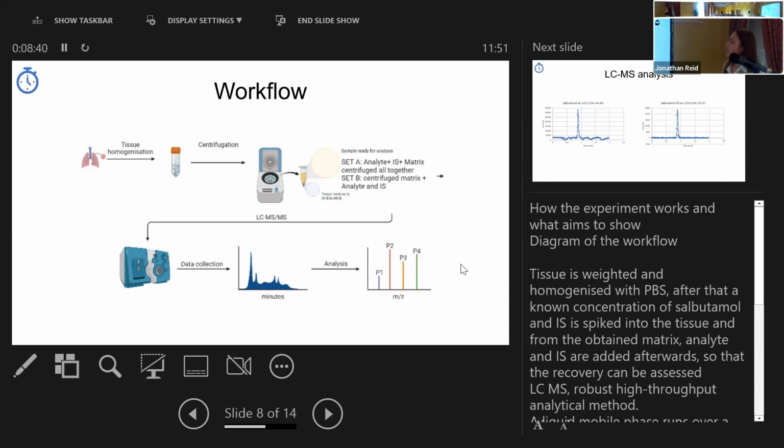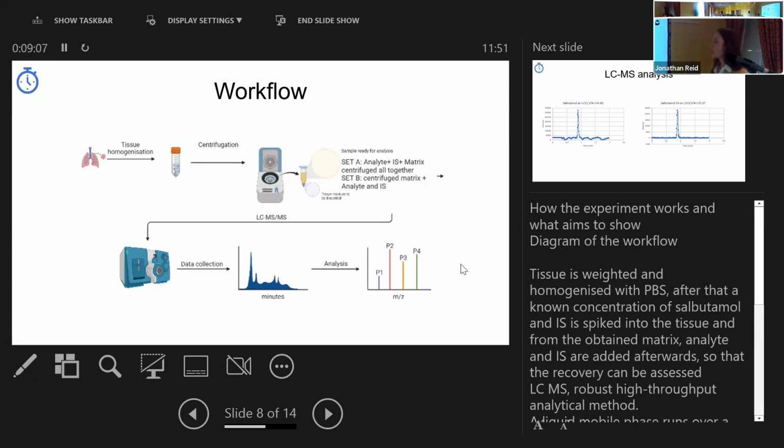Then I produce another set of samples with the matrix, and I add the analyte and internal standard afterwards. So I can actually calculate the recovery that I can get out of the tissue. Then the samples are treated with acetonitrile, and they go directly into the LCMS, which is my bioanalytical technique.